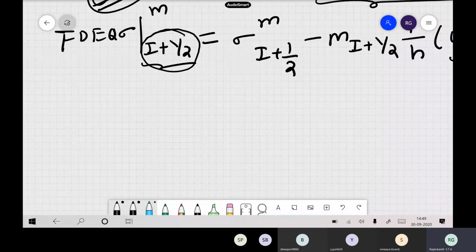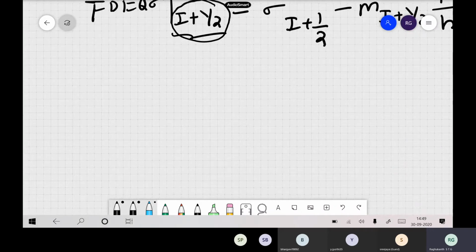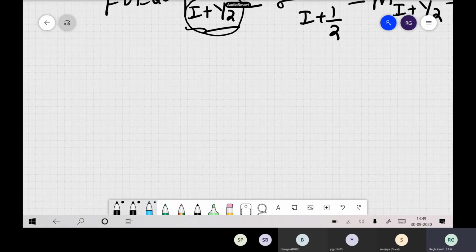Okay, because the staggered grid automatically comes. It is not that you are forcing the grid like that. We have not taken the grid like that. Okay, because if you don't take the grid like that, then you will violate the fundamental equations itself. Okay, because you are not matching stress and displacement at that point. You are matching their derivatives, and the orders are also different. That is why this comes into picture.